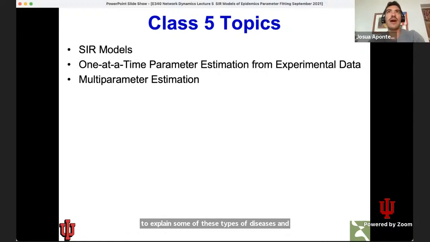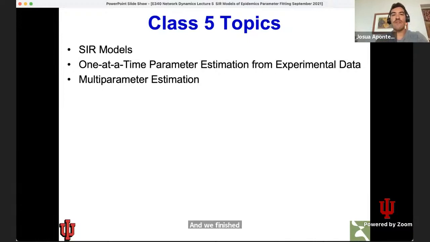And we looked at what indicators of the dynamics of the pandemic are, in terms of identifying when the epidemic is starting to decrease, how the maximum number of infected individuals depends on the parameters of the SIR model, and so on.